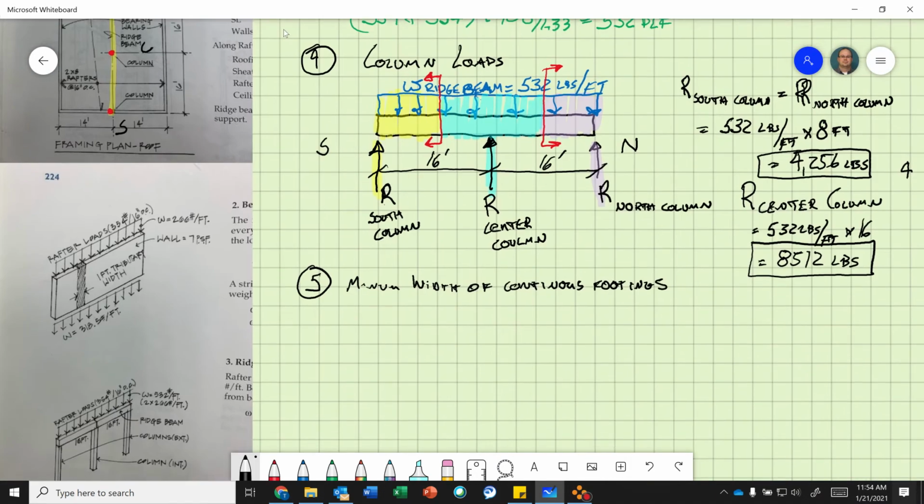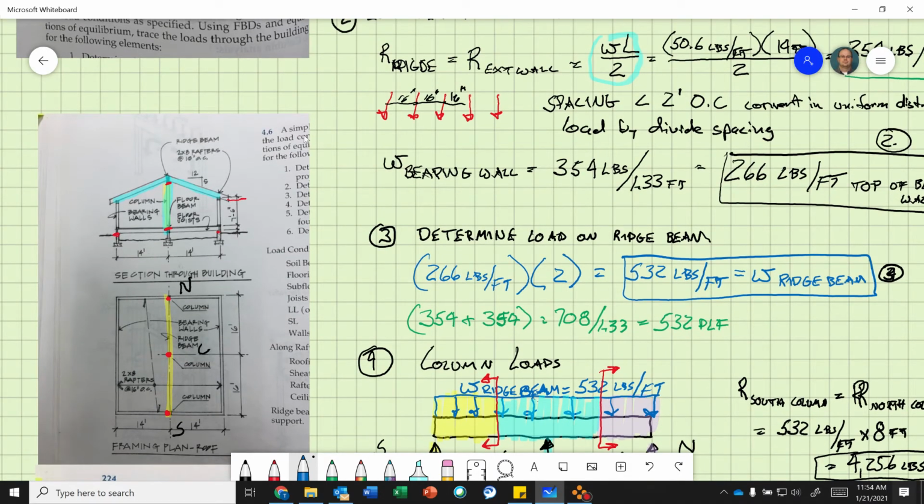So I'm just going to draw a plan view here. This is our bearing wall. Okay, so remember, that is this guy right here and this guy.